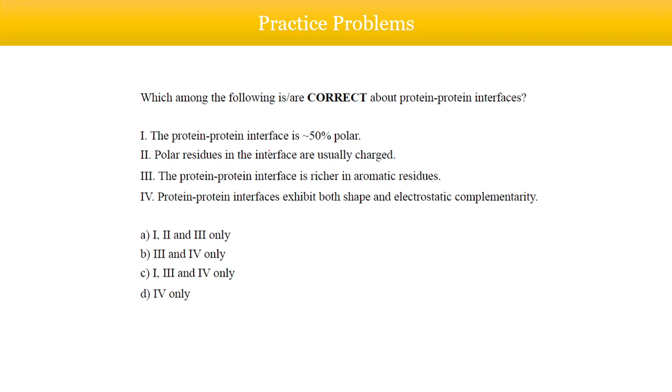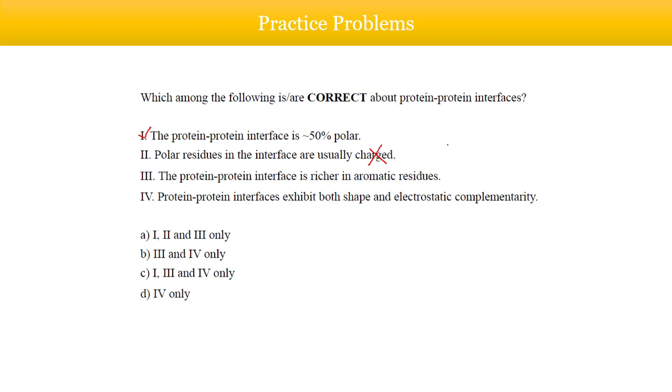So the protein-protein interface is about 50% polar, that is correct, in the middle between the protein surface and the core region. The polar residues in the interface are usually uncharged. Otherwise, if there is a similar kind of charge, it is going to affect the interaction. So the first option is correct. The second is wrong, it's not charged, it's uncharged.